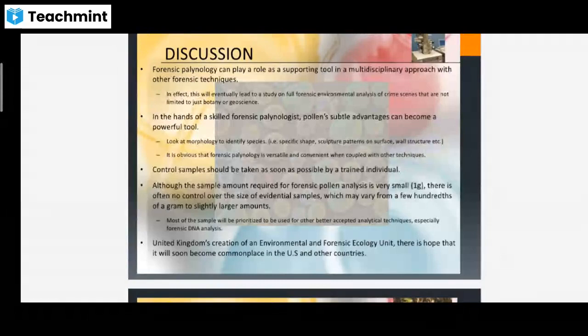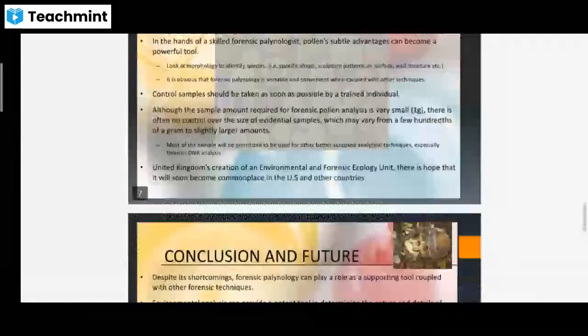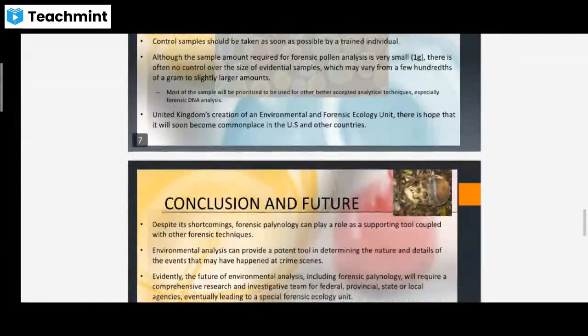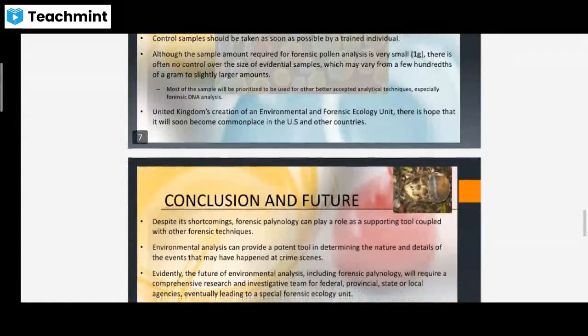In the hands of skilled forensic palynologists, pollen's advantages can become a powerful tool. They look at morphology to identify species, that is, specific shape, surface pattern, wall structure, etc. It is obvious that forensic palynology is versatile and convenient when coupled with other techniques.